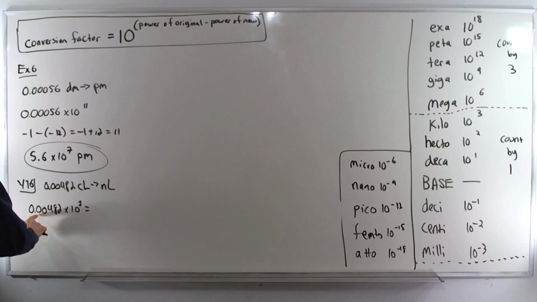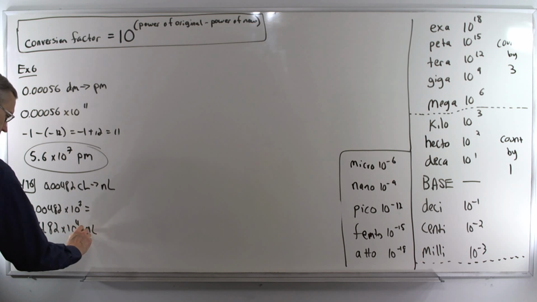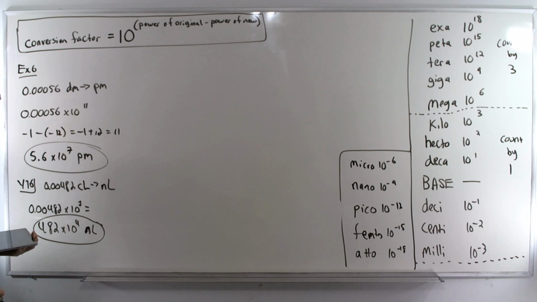By multiplying that out, we get 4.82 times 10 to the 4th nanoliters.